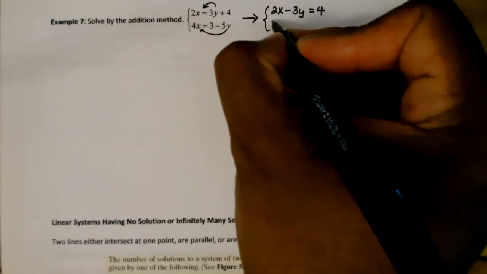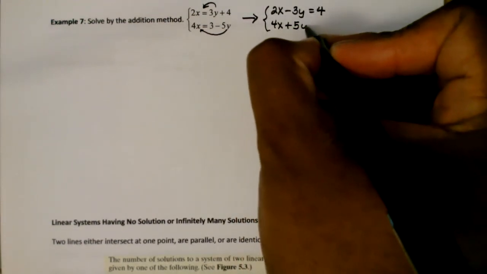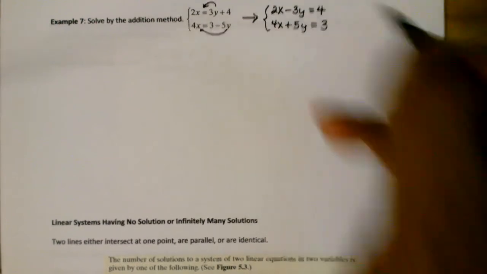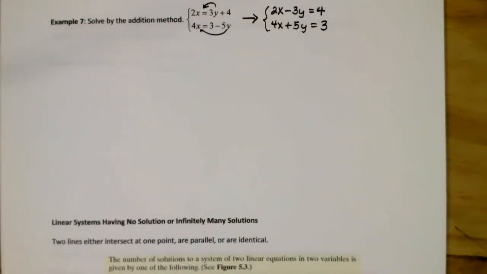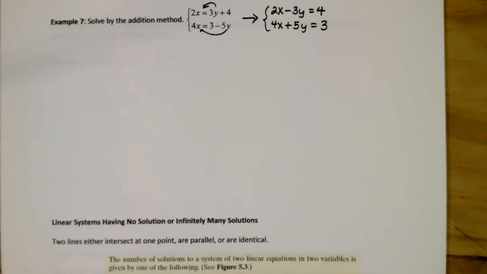This is what I'll have. 4x plus 5y equals 3. Okay, so here are all the x's and the y's on one side and the constant terms on the other side. Now again, if I try to add those two equations, I'm not going to be able to eliminate either the x or the y.